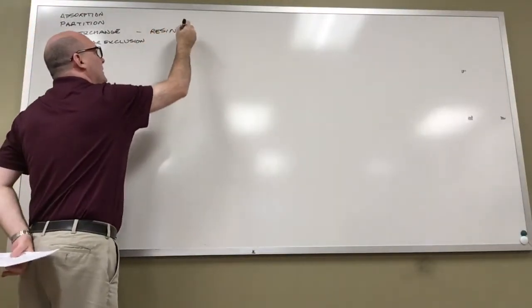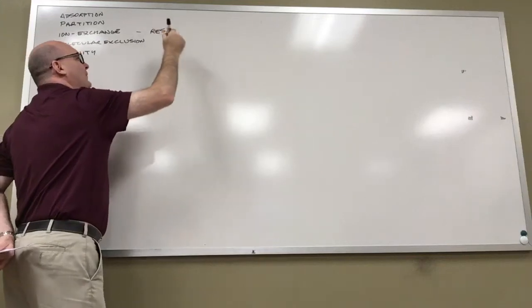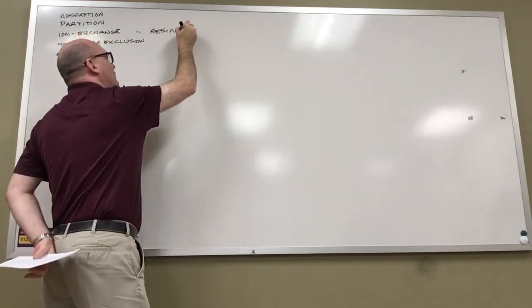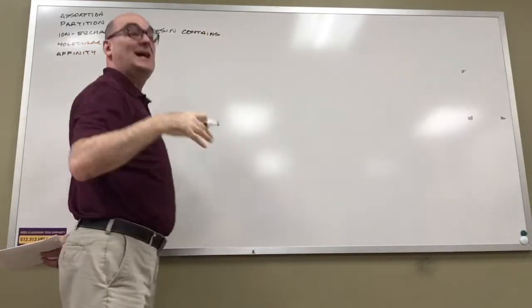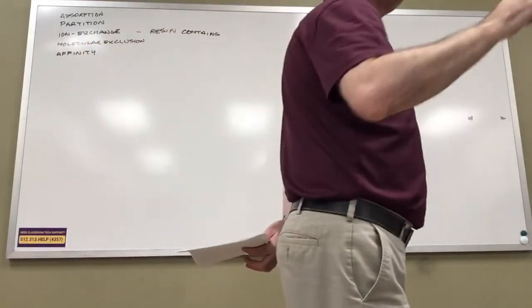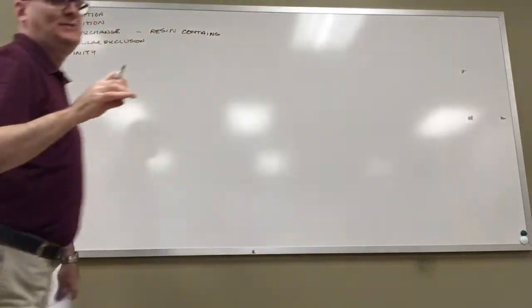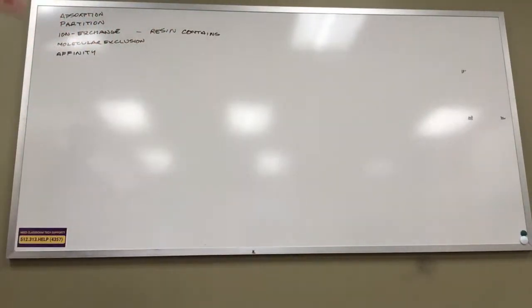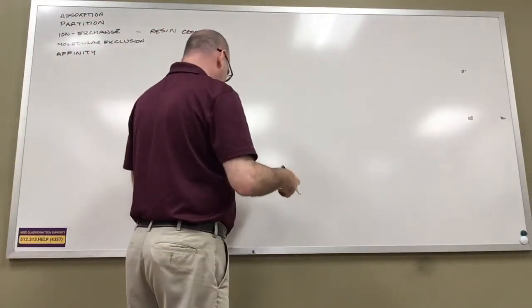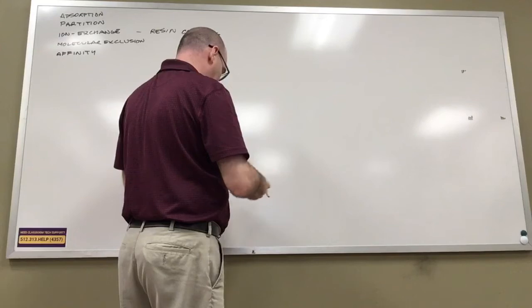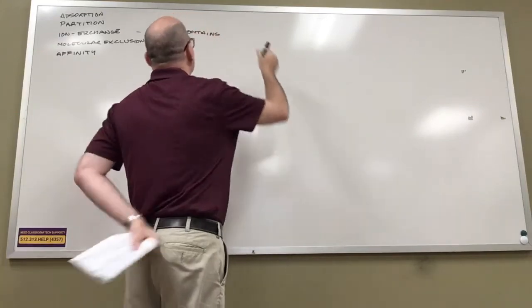Here, the stationary phase is a resin that contains either anions or cations as the surface part of the stationary phase. And they're usually either sulfates or amines, protonated amines.